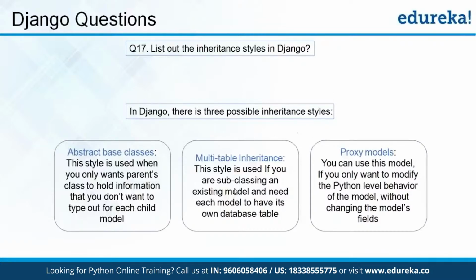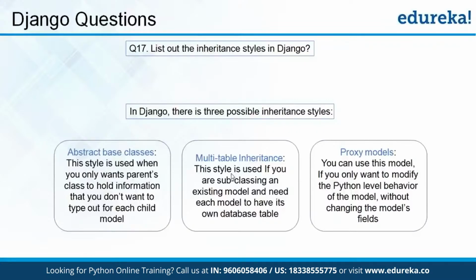Similarly, you've got multi-table inheritance. You've got an existing model, and you want to create another model based on that existing table, so you don't have to write each and everything down. You can inherit from multiple tables. Say you have a class called book and a class called article, two different classes.